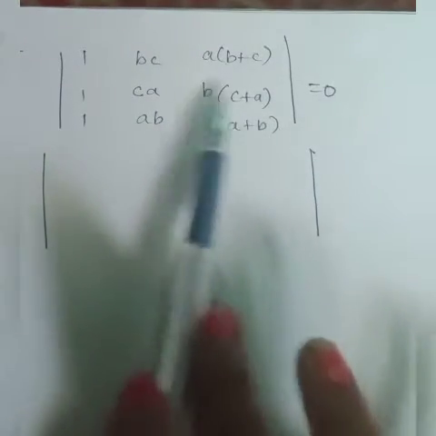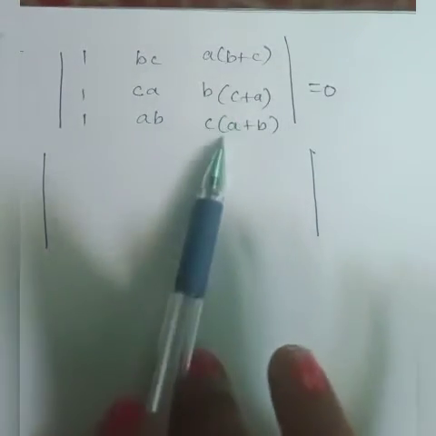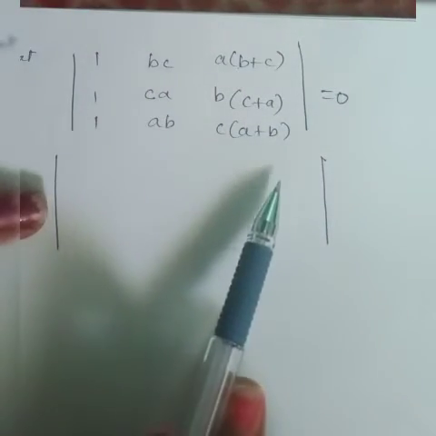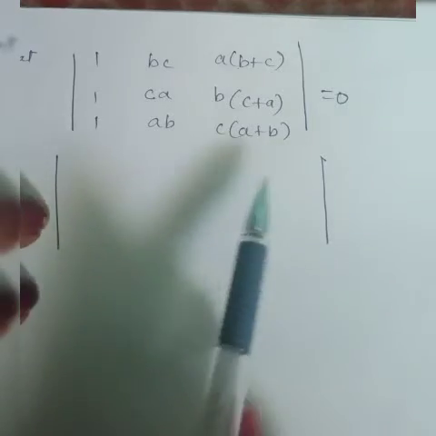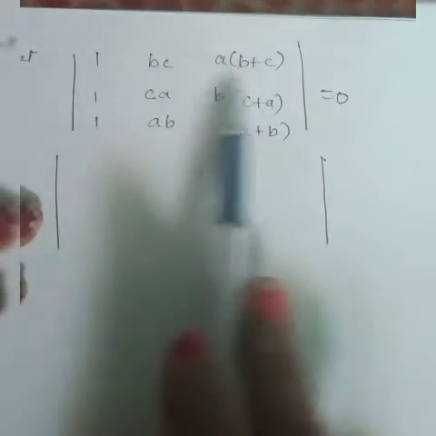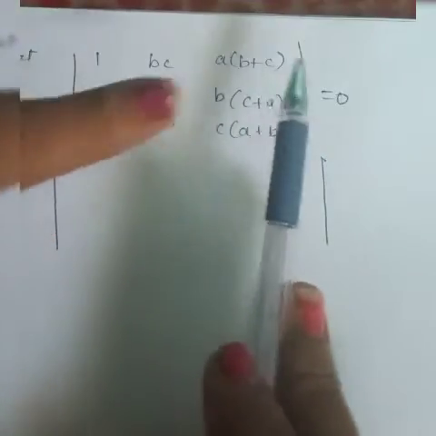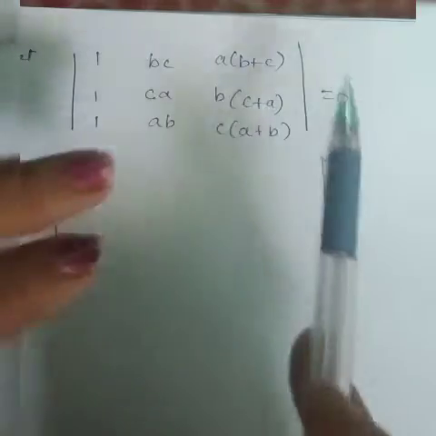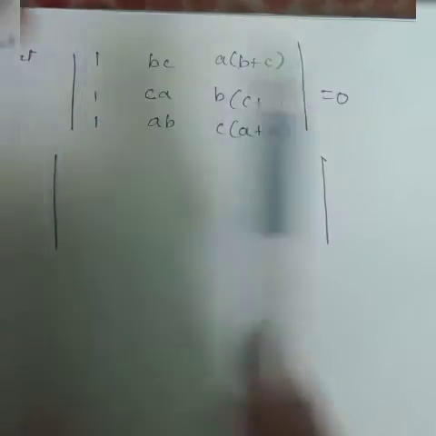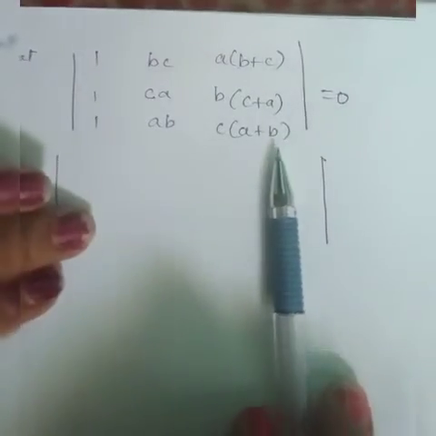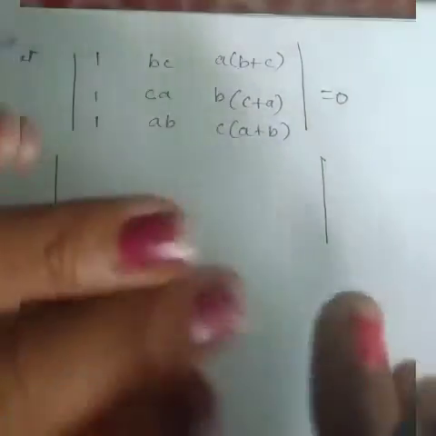So here I can use one of the properties that the determinant value is unaltered when each element of any column is added to those of another column or several other columns. This is the property: the determinant value is unaltered.